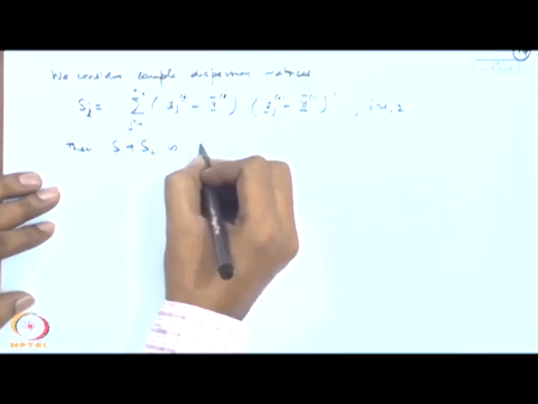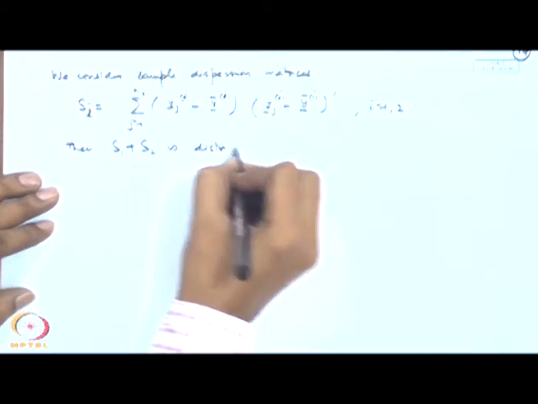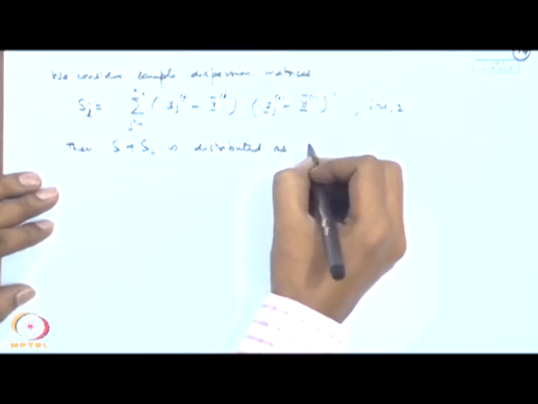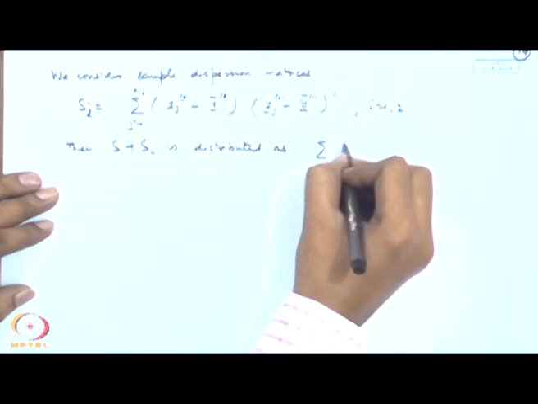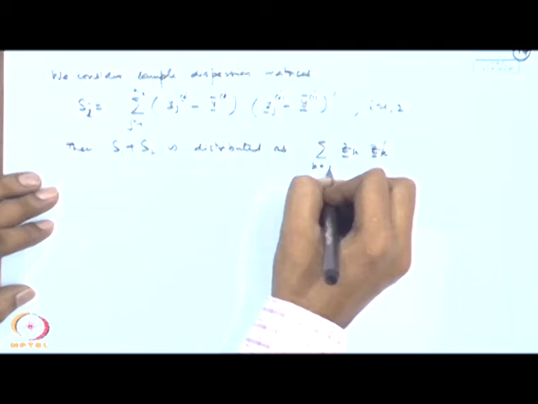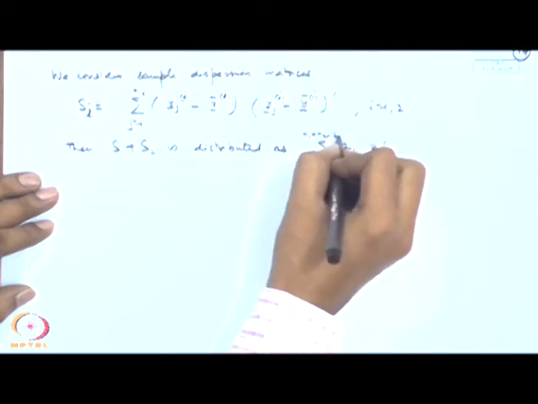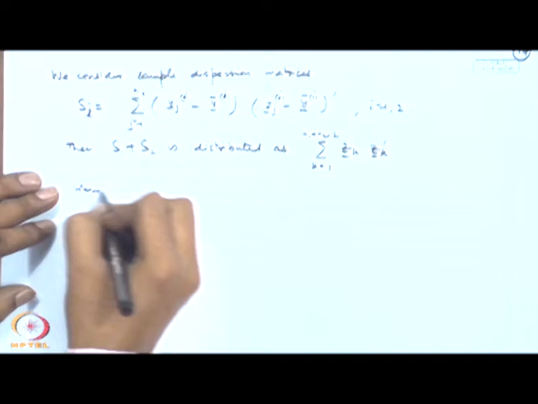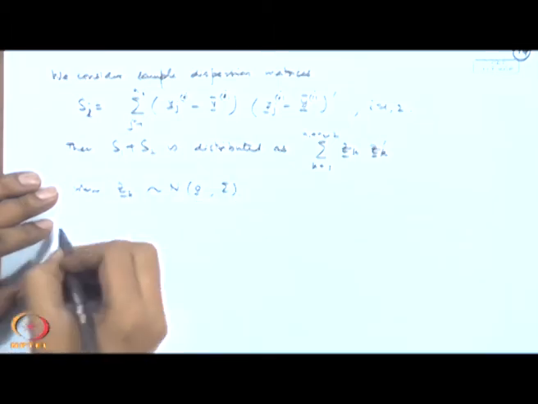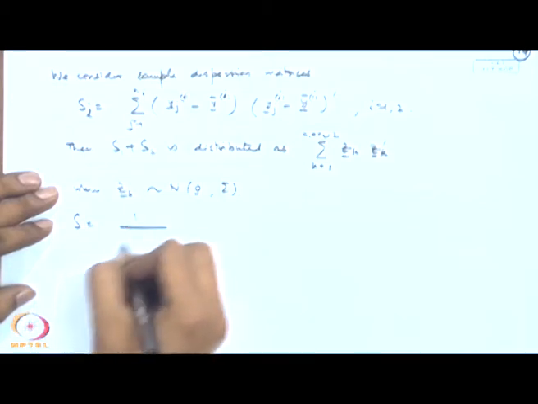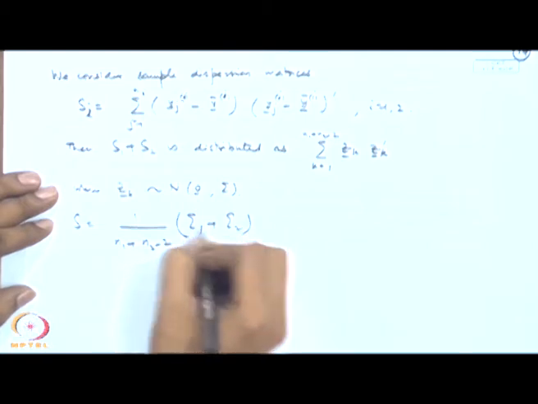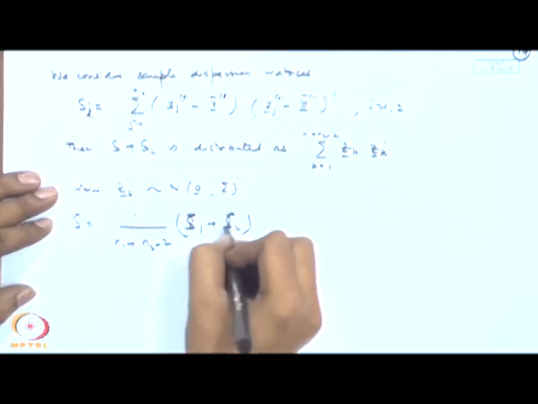Then this has the same distribution as the sum of z k z k transpose, k equal to 1 to n 1 plus n 2 minus 2, where z k is normal 0 sigma. So, we define S is equal to 1 by n 1 plus n 2 minus 2 times S 1 plus S 2.